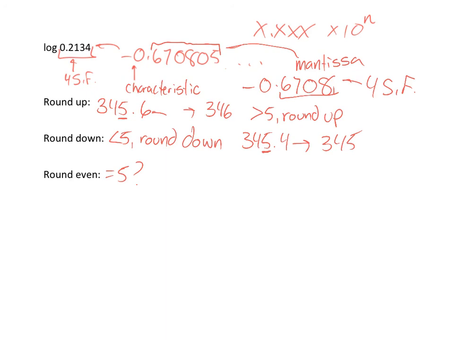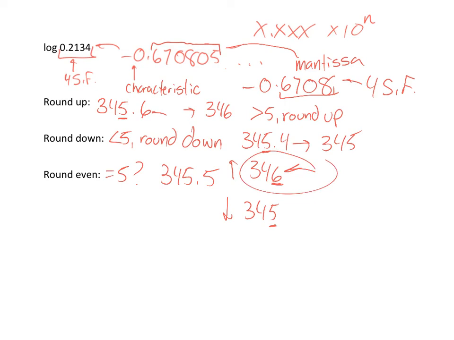So in other words, you round that last significant number to an even number. So if I have 345.5, I have two options. I could either round down to 345, or I could round up to 346. That would make the 6 even and the 5 odd. In this case, we round even. We go to 346 as our final answer.